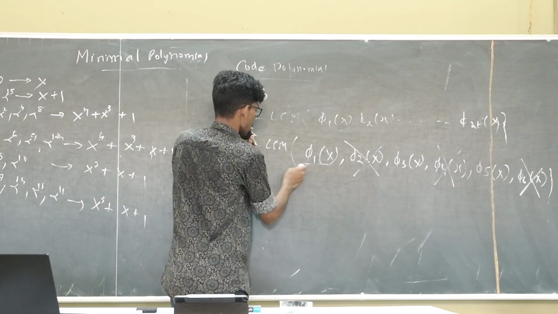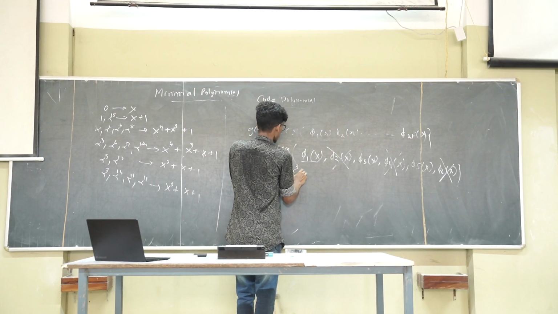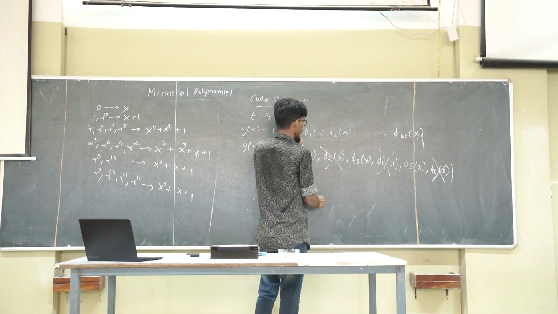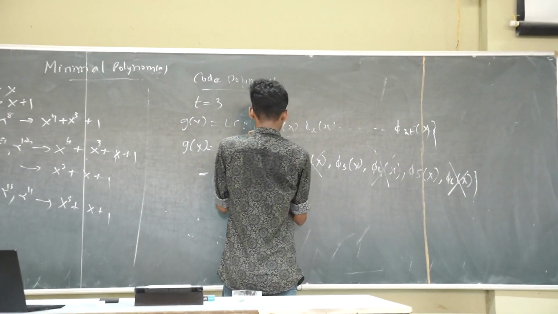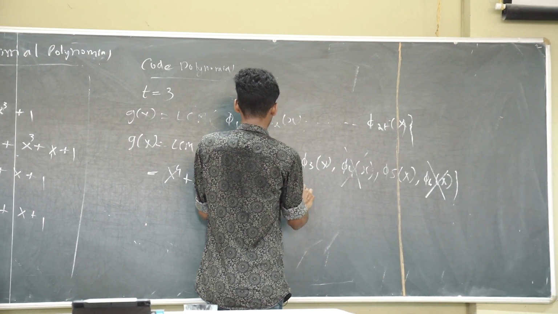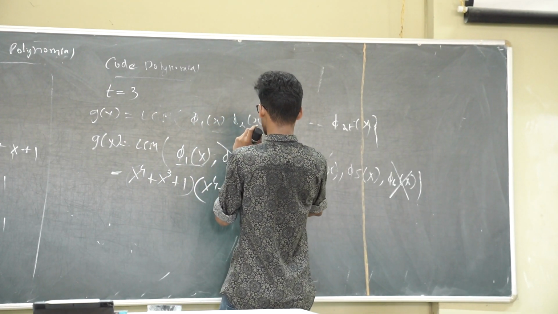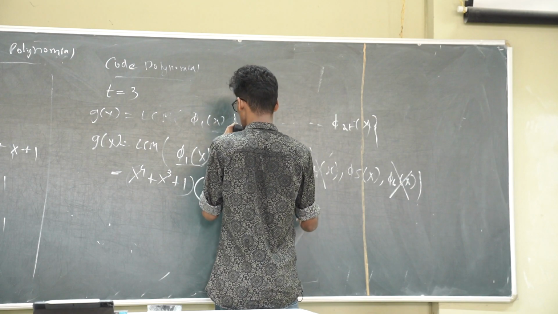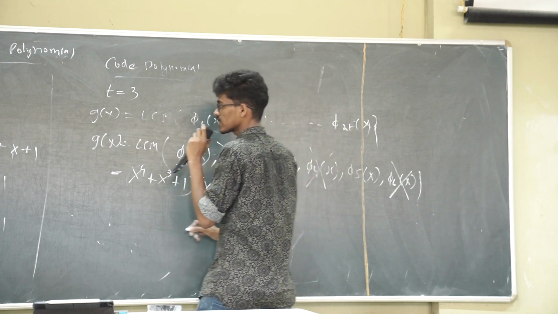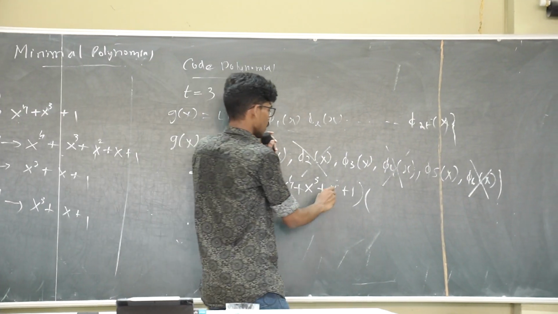Yes. So what is phi 1 of x? x to the power 4 plus x cube plus 1, multiplied by phi 3 of x, x to the power 4 plus x to the power 3 plus x square plus x plus 1, into x square plus x plus 1, its square is also there. For all powers are there.